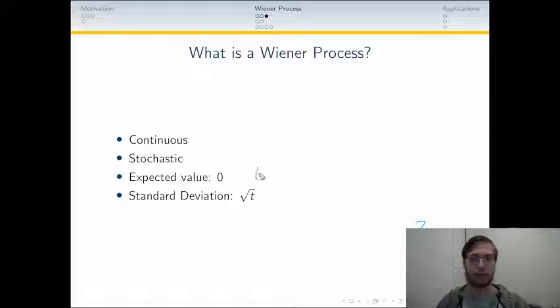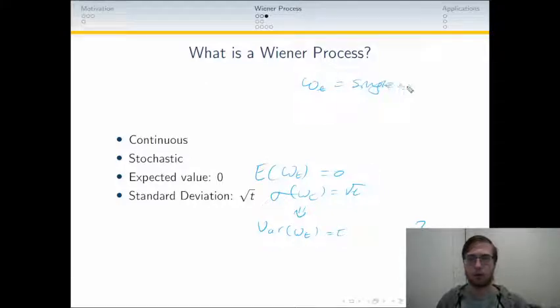So the expected value of the Wiener process, which we'll describe as W(t), is 0, and the standard deviation of the Wiener process is going to be the square root of t. And again, this will imply that the variance of the Wiener process is t. For future's sake, I'm saying W(t) is a single Wiener process.